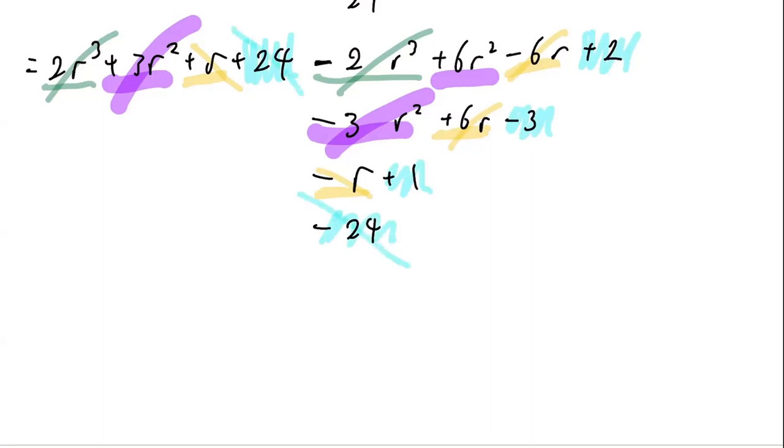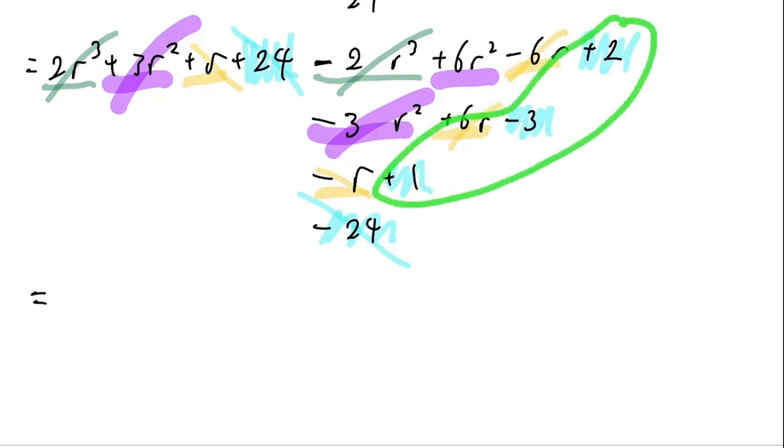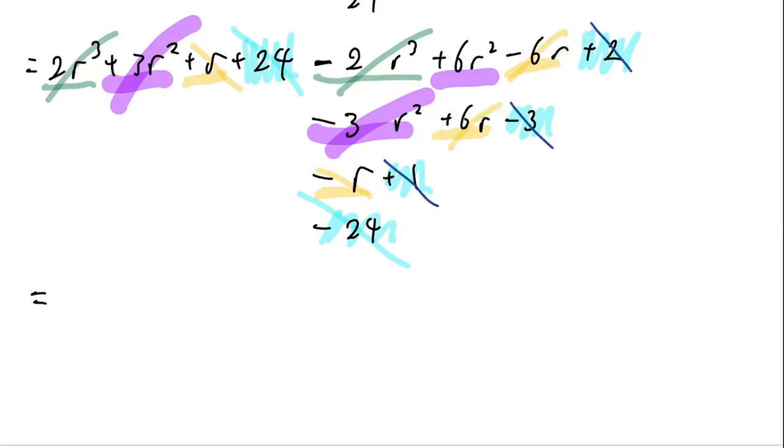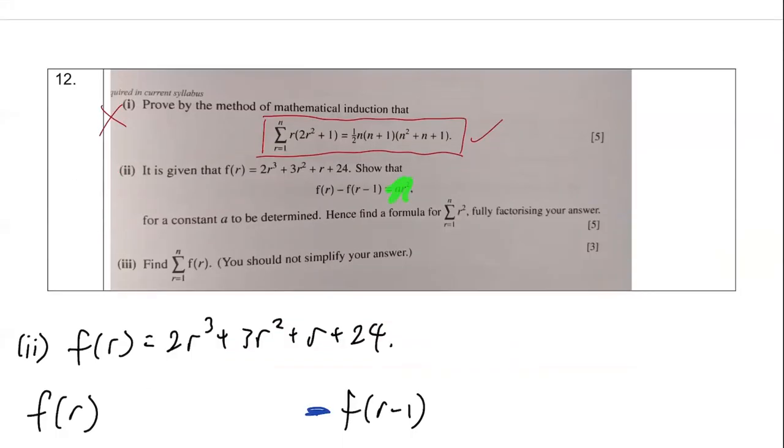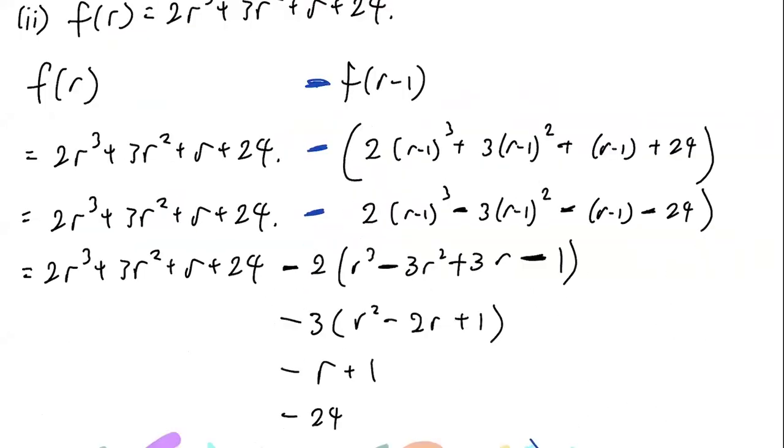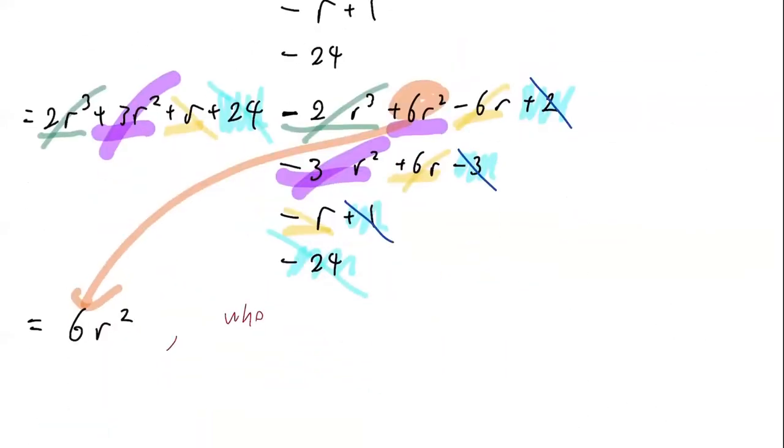Plus 24 minus 24 cancel. Then what are we left with? Plus 2 minus 3 plus 1, they also cancel each other off, coincidentally. You're just left with this guy here, 6r squared. So the answer for a r squared is a equals 6.